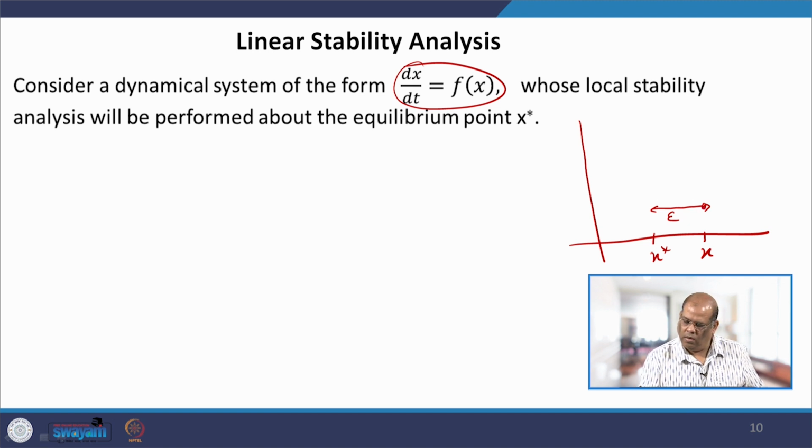So, you give a small push, if it moves back towards the equilibrium position, we say it converges, and if it moves away from the equilibrium solution, we say it diverges. So, in this case, your equilibrium solution x star is stable, and in this case your x star is unstable.